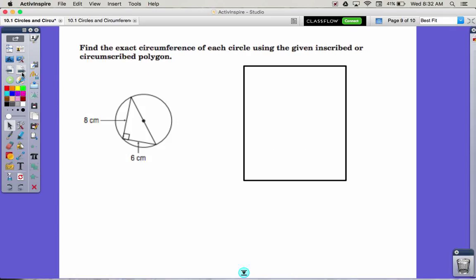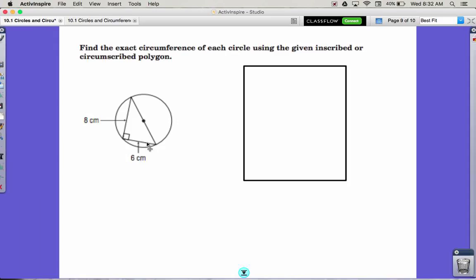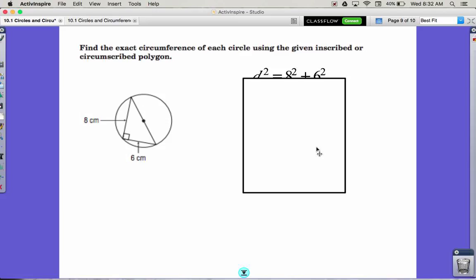So this one asks you to find the exact circumference of each circle using the given inscribed or circumscribed polygon. So in this case, we have a triangle inside of a circle. So we need to find our diameter, which in this case, since it's a right triangle, is going to be the hypotenuse of this triangle. So we use the Pythagorean theorem.